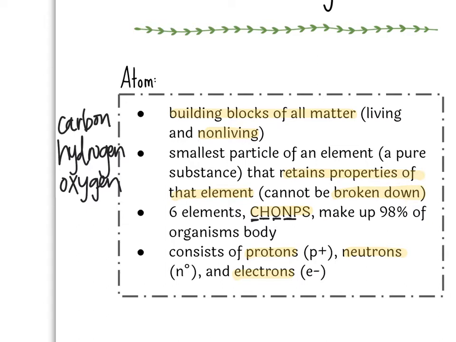The N is nitrogen. The P, that's a tricky one. It's phosphorus. Oh, I might have spelled that wrong. I don't know. And then the S is sulfur.